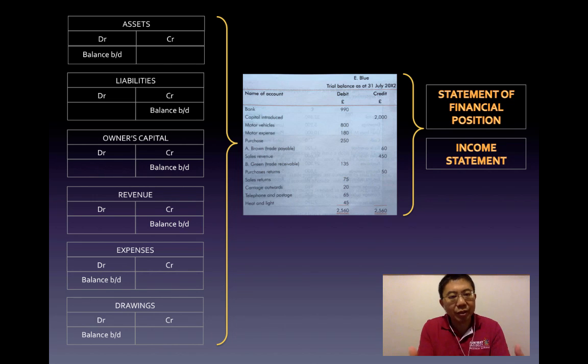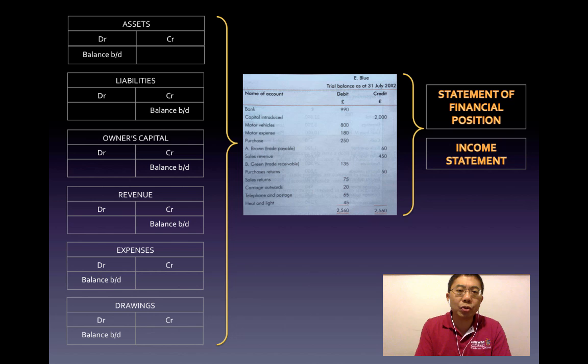But sometimes errors may happen. Sometimes we may have postings in the wrong account, or we may make mistakes in terms of posting into the general ledger. So we needed a mechanism to check again that the duality principle, the accounting equation, is constantly in balance before we prepare the financial statements.